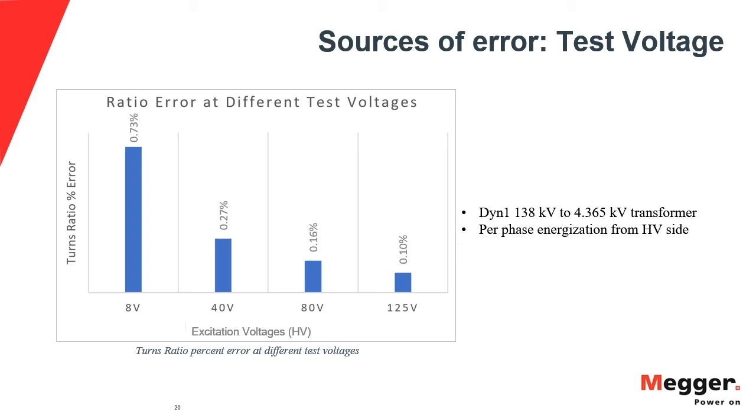It means that for this particular transformer, because of its construction, because of its size, we have some voltage dependency, right? And 8 volts is not enough, or in other words, we get bad coupling between the two windings, and 8 volts is not enough to achieve an accurate reading of the actual TTR of that transformer.